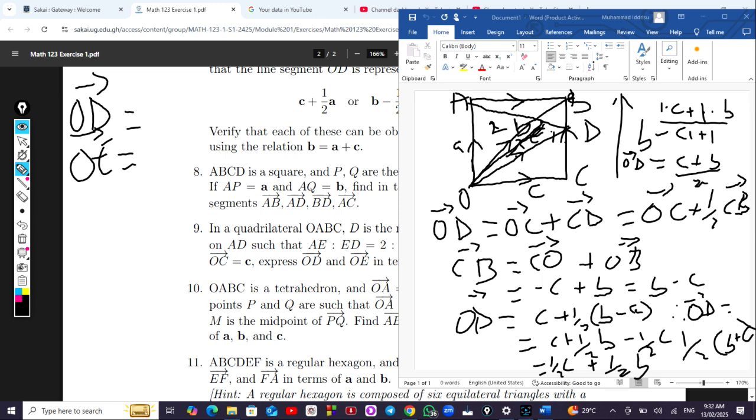So now we have our OD to be half B plus C. So now we are going to find OE in terms of A, B and C.